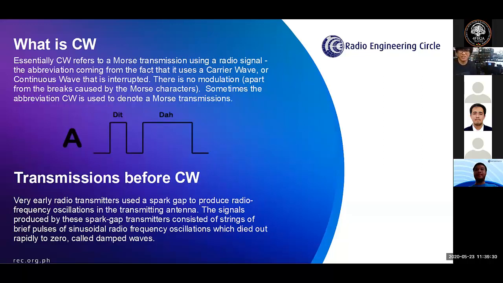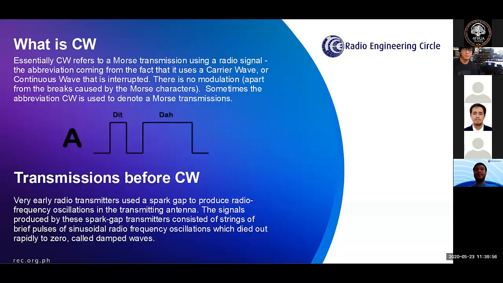CW is more like digital, but there's another state. For the engineers here, digital is represented by 1 and 0, but there's another signal, which is no signal at all. So it's probably a quasi-digital mode, probably the early digital mode.